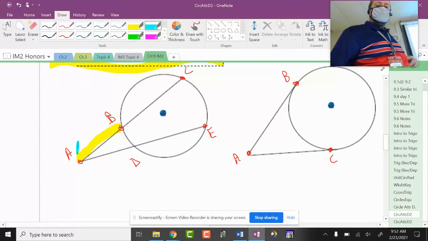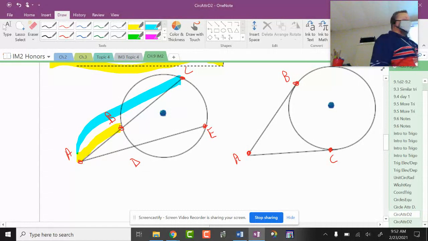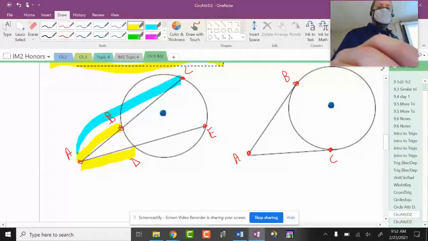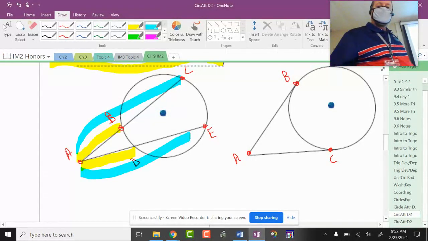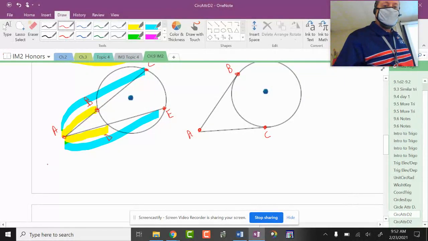Here's the whole of this secant line, AC. Outside times whole equals... I lost my marker again. Outside times whole. So I'm going to write that down as a mathematical statement.